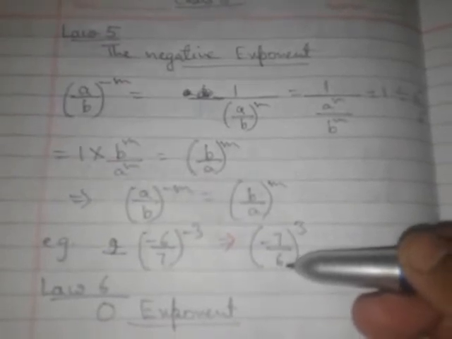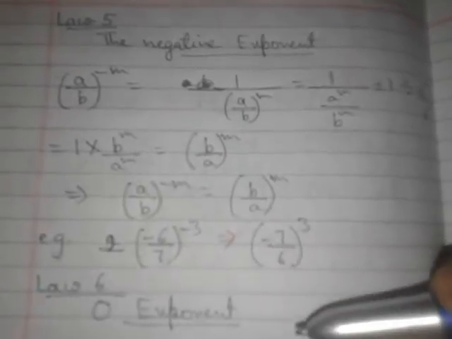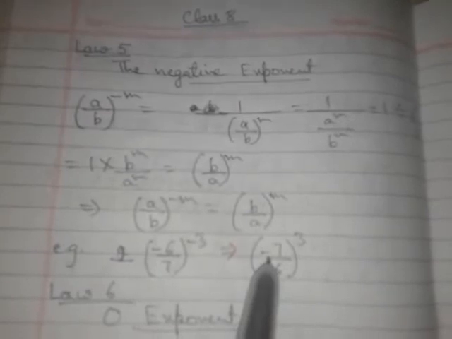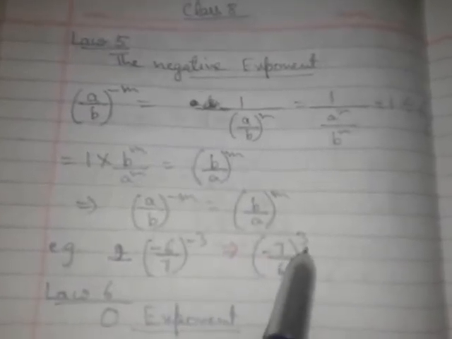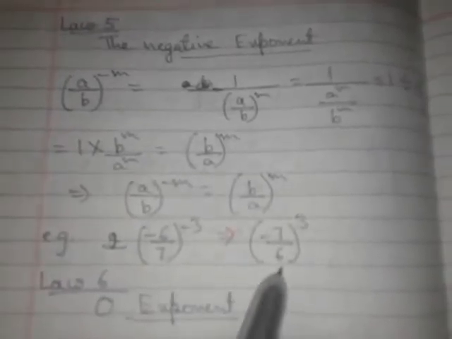I have interchanged the numerator and the denominator with the negative sign in the numerator only, because that is the standard form of writing a rational number. When we interchange the numerator and the denominator, the sign of the rational number does not change. Only the sign of the exponent changes. Please understand this very carefully.